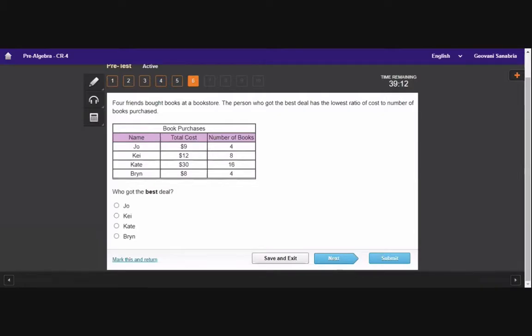1.87. What about the second one? I think it was 4, right? It's 12 divided by 8, yeah. 1.5. And then check the last one again. That would be 2. So Kai had it, because it's 12 divided by 8.